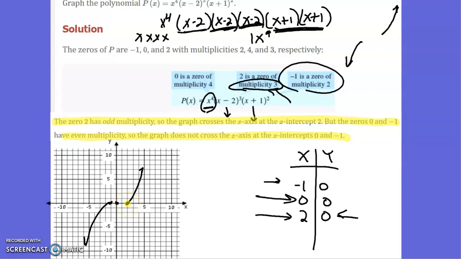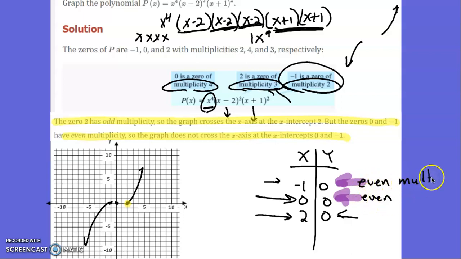It crosses at 2, but the zeros at 0 and -1 have even multiplicity, while this one has odd multiplicity. That's important because if it has even multiplicity, the graph does not cross the x-axis at those points.